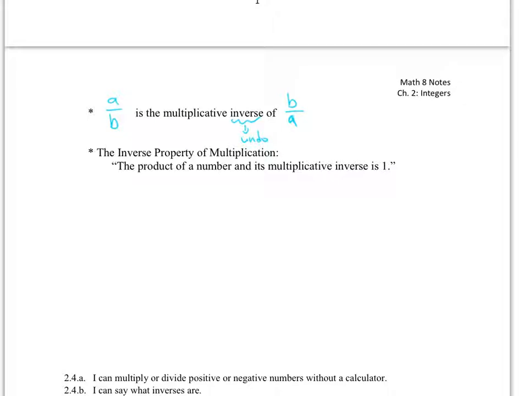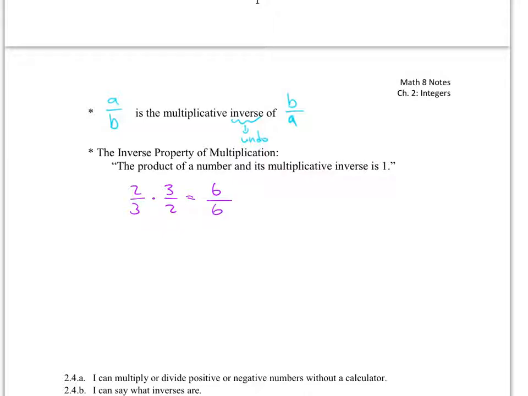Let's look at an example of this here. The product of a number and its multiplicative inverse is always 1. So 2 over 3 times its multiplicative inverse, which would be 3 over 2. I flipped it. 2 times 3 gives me 6 when we multiply across the top.